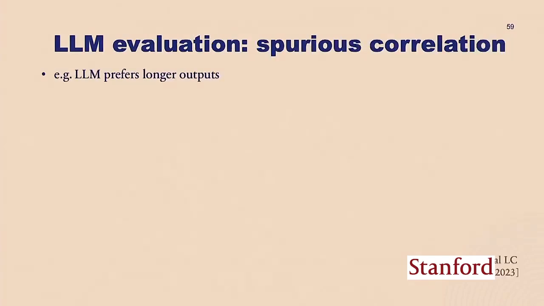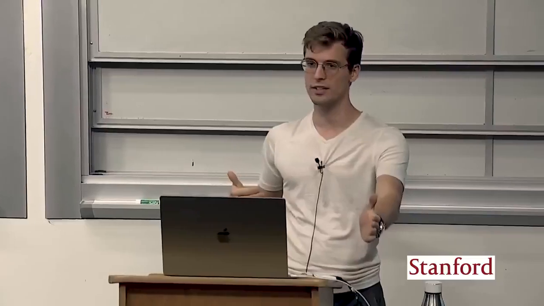As we already saw before, LLMs prefer longer outputs. Actually, humans also prefer longer outputs, but the issue with LLMs is that once there's a bias, you will continue optimizing it. Humans at some point, I can guarantee you, if I ask a simple question and you give me 5 pages of answers, I'll say no, I don't like that answer. But LLMs, if they have this bias and were trained for that, will continue preferring longer outputs.